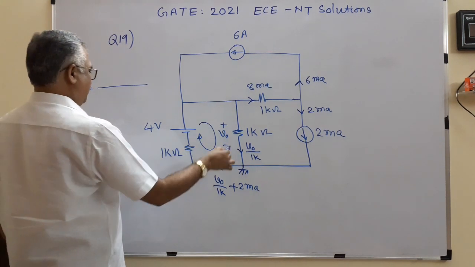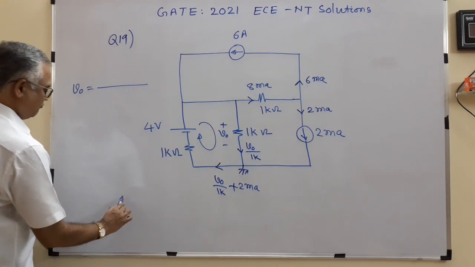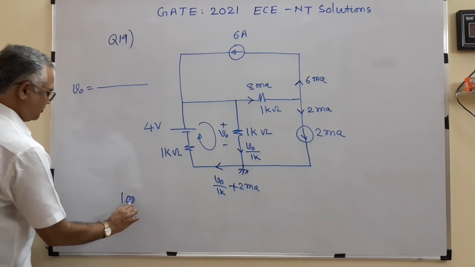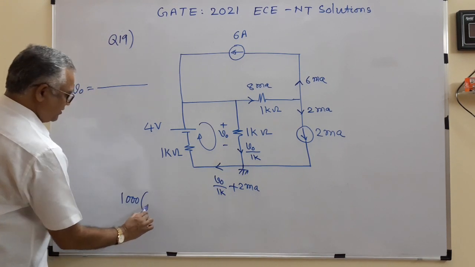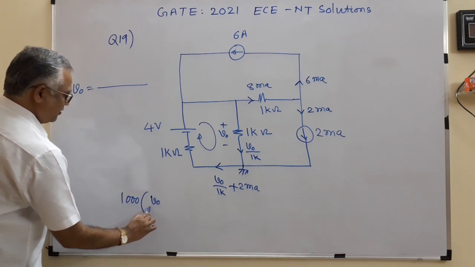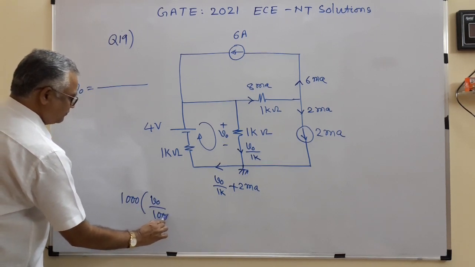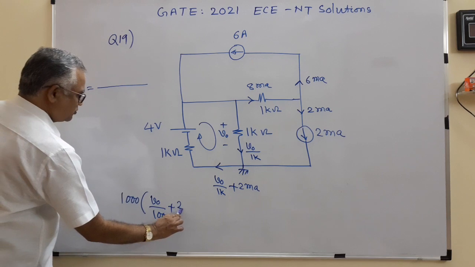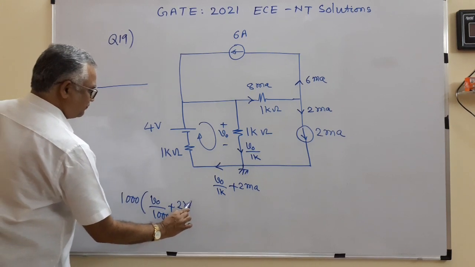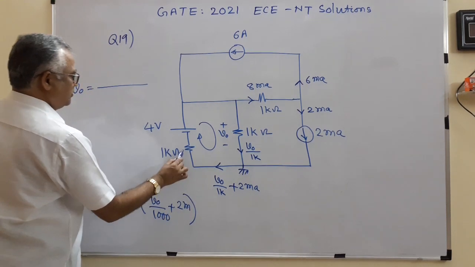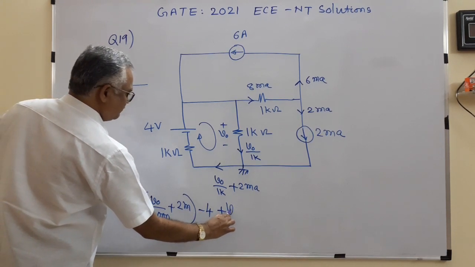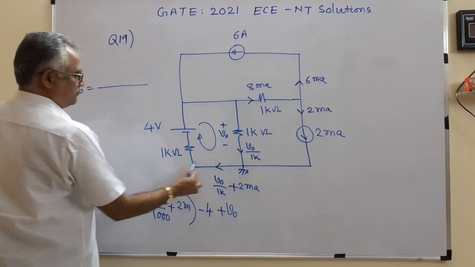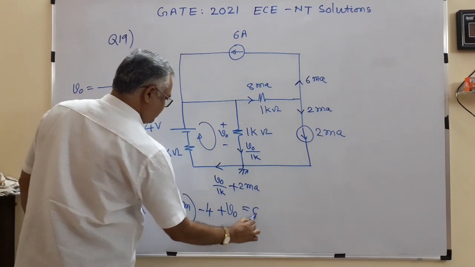So how to write the loop equation? 1K means 1000. The current is V naught by 1000 plus 2 milli, times 1000, minus 4, plus V naught, equal to 0.